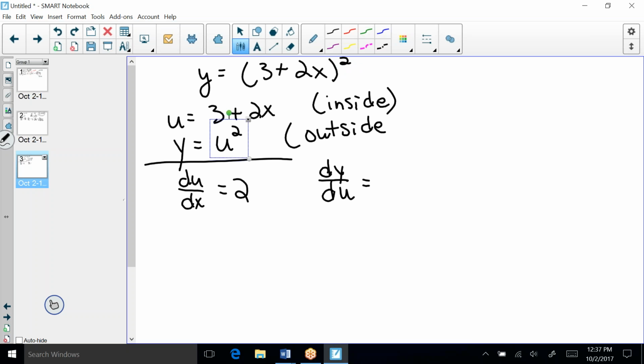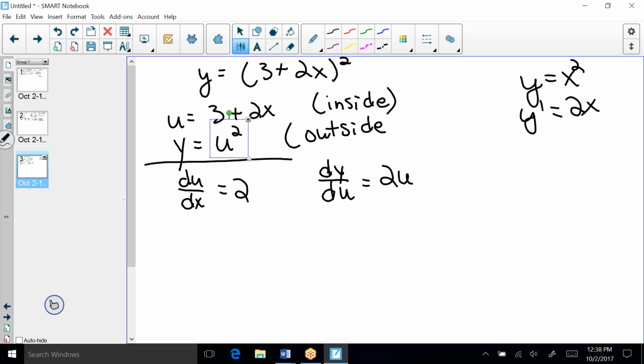So if I just had y is equal to x squared and I said, what's the derivative of this function y, what would you tell me? 2x, right? You bring that exponent down to the front on those power functions. So the same thing here. The variable is u. So 2u. So just like this one is 2x, this one is going to be 2u. Okay, so just take the derivative in the normal way.